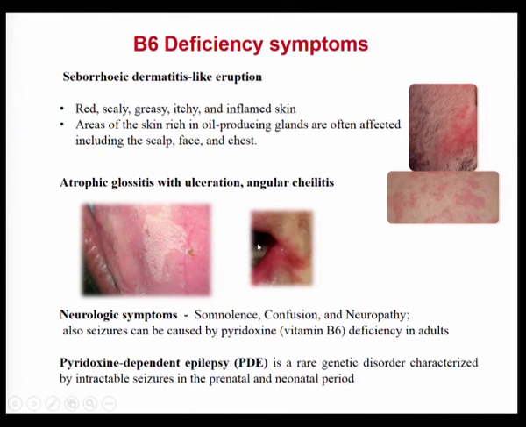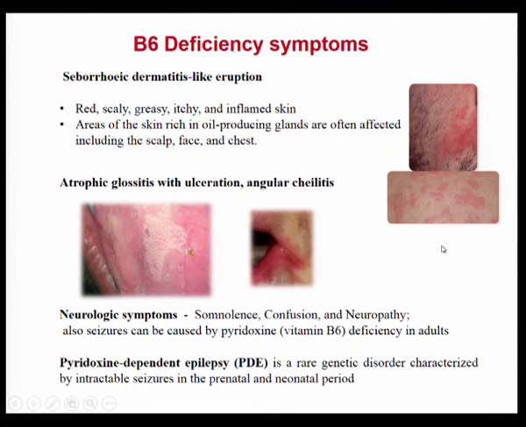Can you recollect at this point any other disease where you have cheilitis symptoms? Yeah, that's true. Riboflavin would also be the vitamin, and that deficiency can give rise to angular cheilitis. But pyridoxine deficiency and riboflavin deficiency together can aggravate the condition.